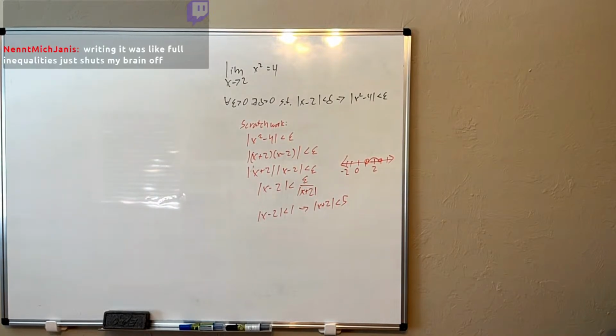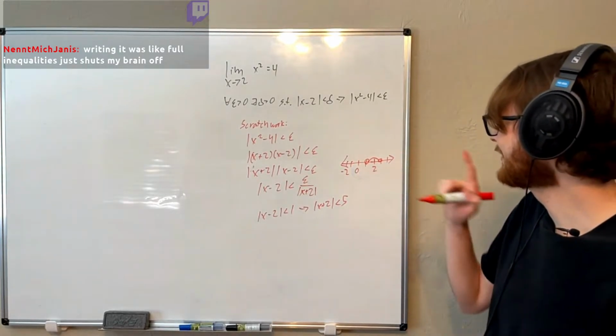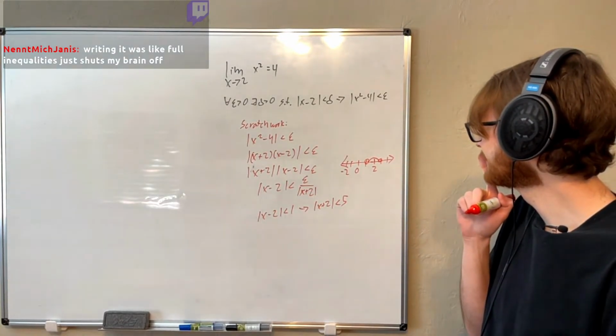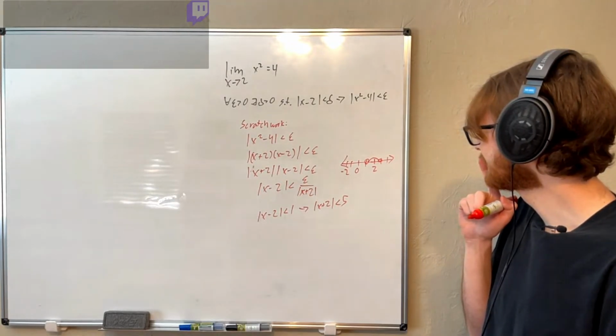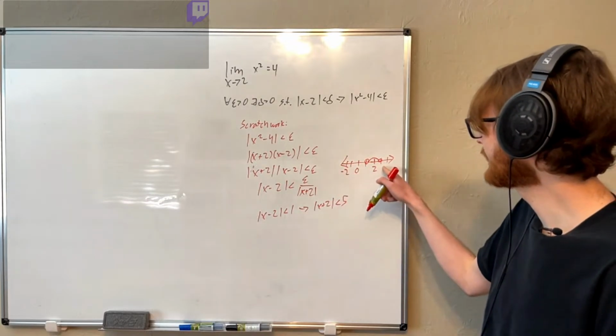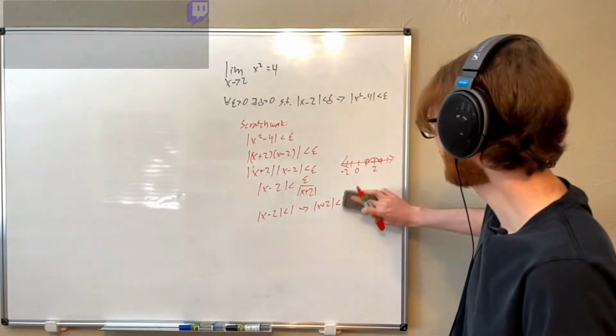Right, writing it like a full inequality just shuts your brain off. Yeah, this is where, actually, where do we take that end? I feel like we should take the worst case scenario, which is like negative 3 up to 5, up to 3, which would mean this is less than 6, right?